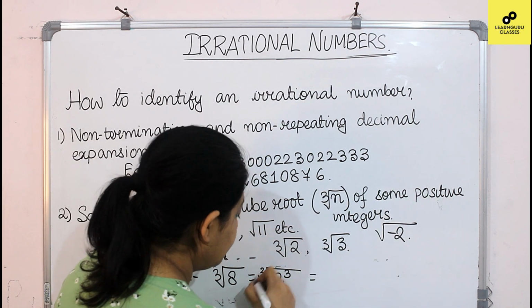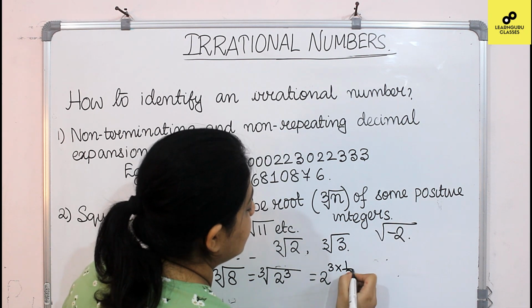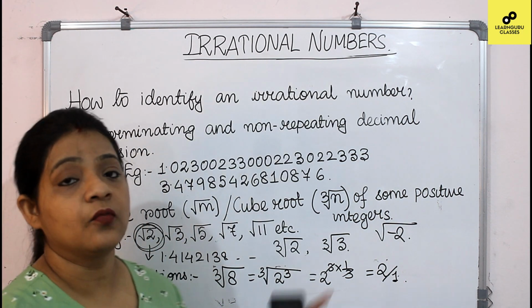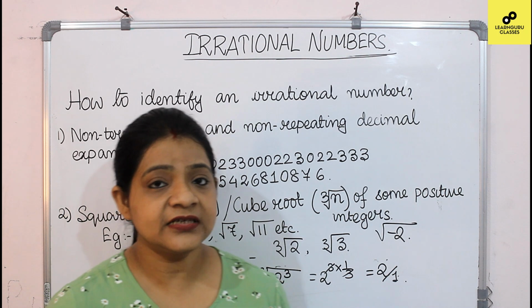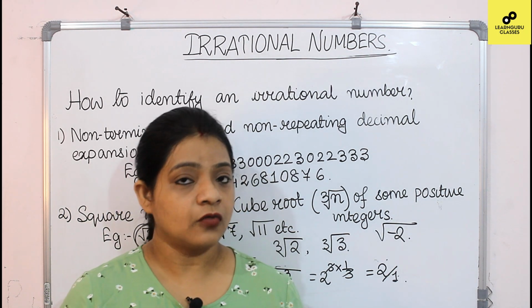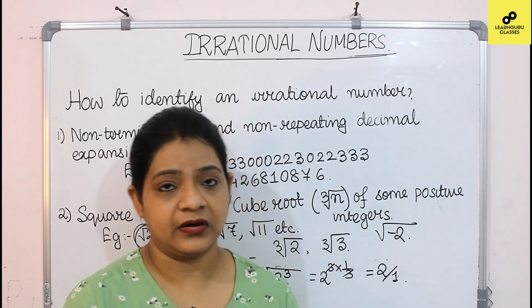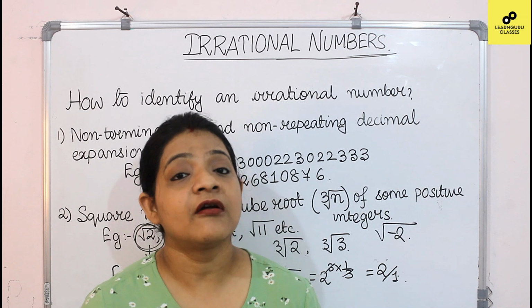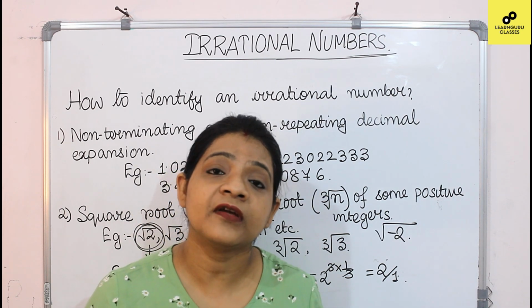If you remove the cube root, you get 3 into 1 by 3, which you can cancel, so it becomes 2 by 1, which is a rational number. So cube root of 8 is not an irrational number, but a rational number. To generalize it, any perfect square, how do you represent it? What are the examples of perfect squares?